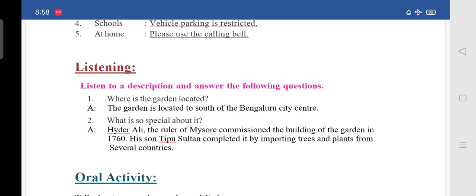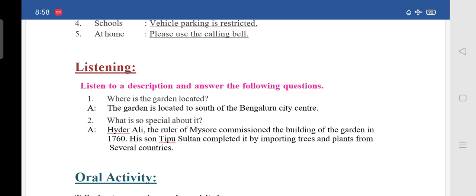See the second. What is so special about it? What is special about that garden? Hyder Ali, the ruler of Mysore, commissioned the building of the garden in 1760. His son Tippu Sultan completed it by importing trees and plants from several countries.